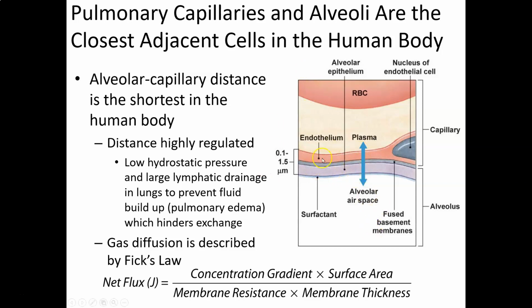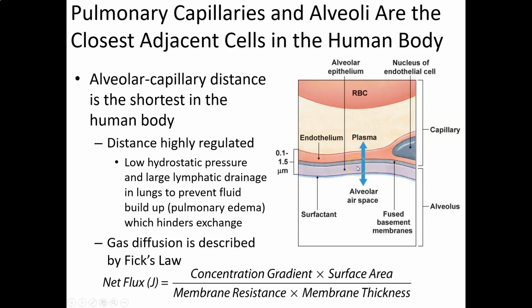that's the purple here, and the edge of the capillary wall. So this lightish blue area in the middle, this middle stripe, that's the fused basement membranes. But if you got fluid in there, that would move these farther apart and make breathing more difficult. The other thing that helps this, and it's literally called the safety factor, is there's a large lymphatic drainage in this area.